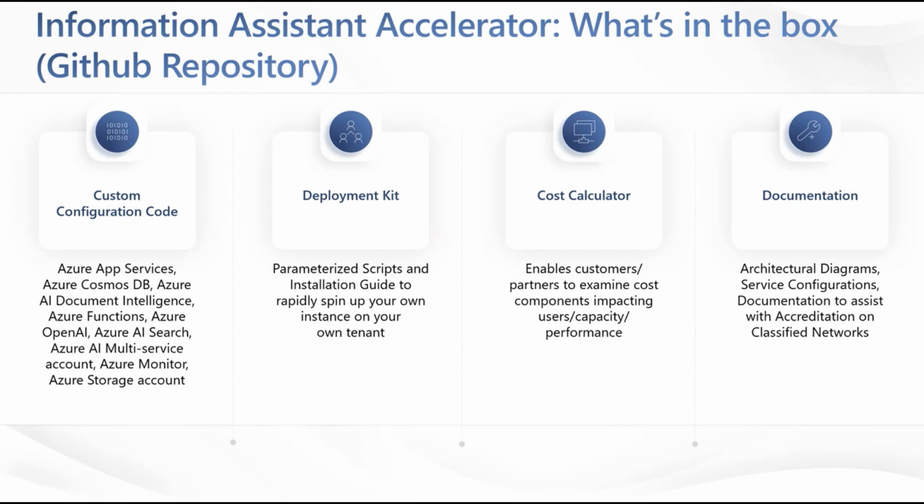So it'll be leveraging a lot of our Azure PaaS offerings to enable this accelerator here. You also get documentation, everything from architectural diagrams to configurations, and what it might look like to do some of this work in different types of clouds. So we've done cloud deployments in both commercial and Gov, and the demo we'll be doing today will be actually sitting on my own Gov subscription. So everything you see that we're doing is available in Azure Gov right now. Next slide.